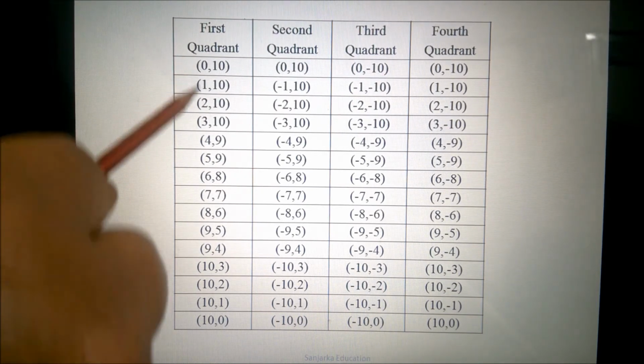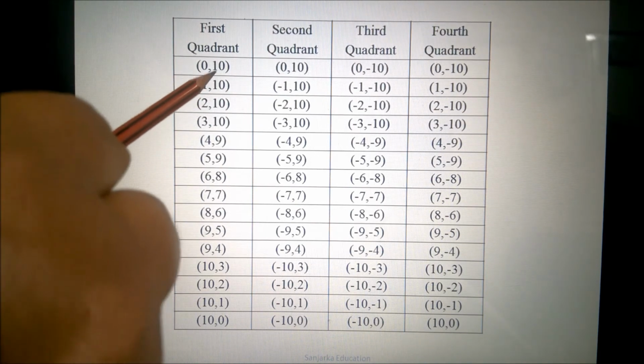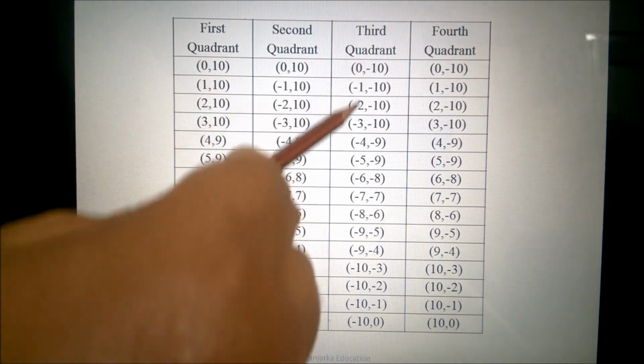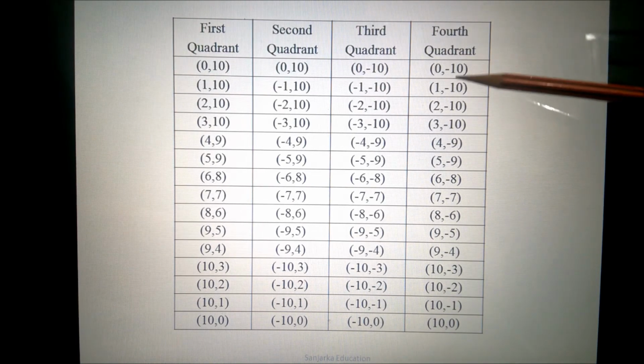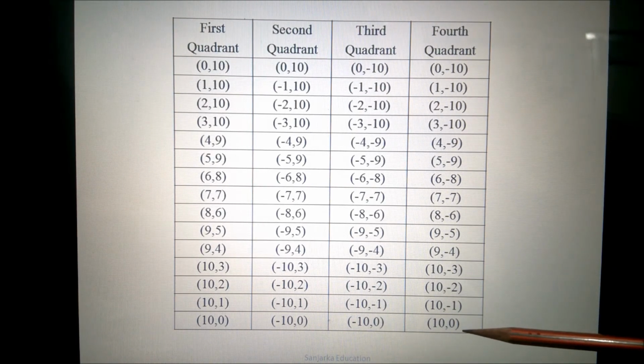Therefore, we make all these x coordinates negative and the y coordinates also negative. And in the fourth quadrant, we know that the y coordinate is negative and the x coordinate is positive. Therefore, the y coordinate is made negative and the x coordinate stays positive.